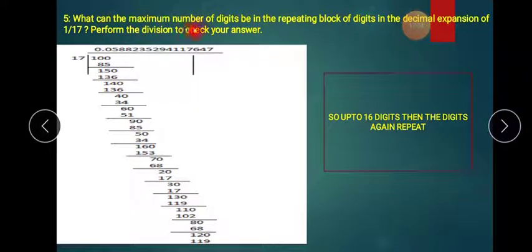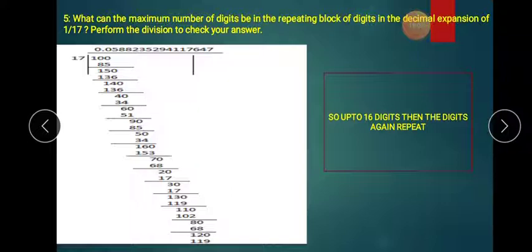The question means, if you divide 1 by 17, if we go on with the division, up to which number of digits it will not repeat, and then again start repeating, meaning we are getting a new set of numbers.